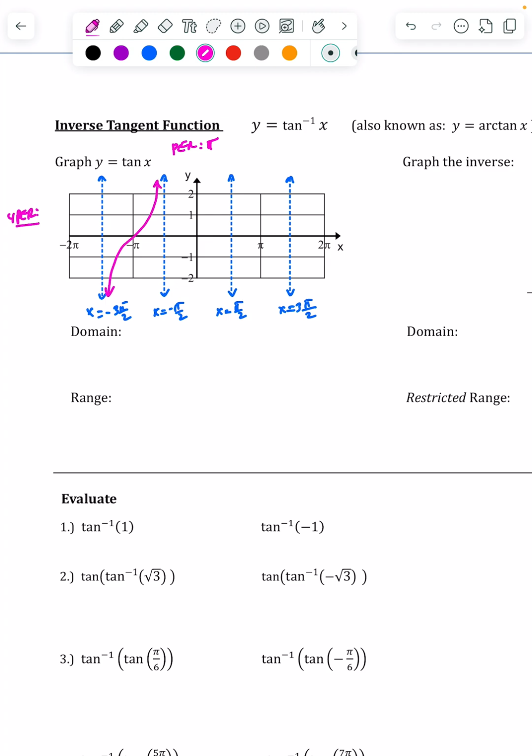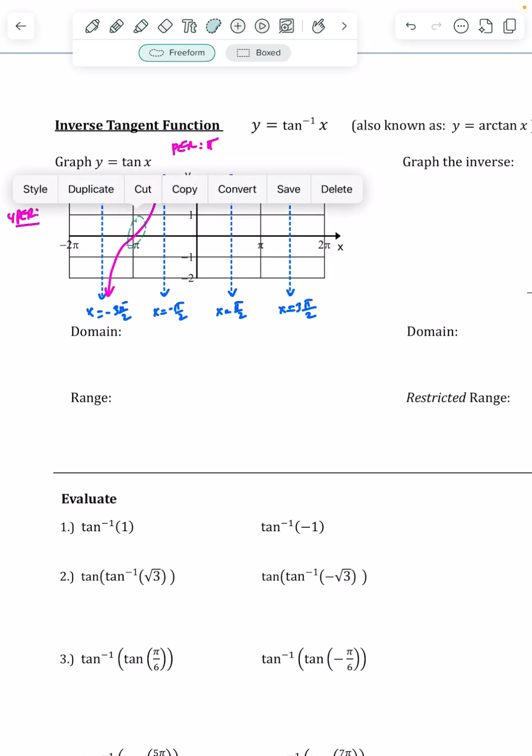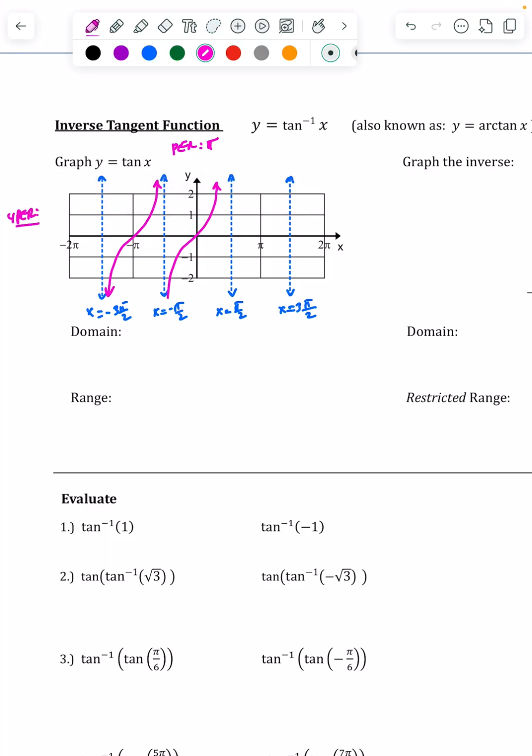Okay, and you can copy paste this, or on your end you probably need to actually graph it. So just a couple things here. Again, make sure the concavity is correct, and make sure that the graph gets actually close asymptotically to these dashed lines, okay? So that's important.